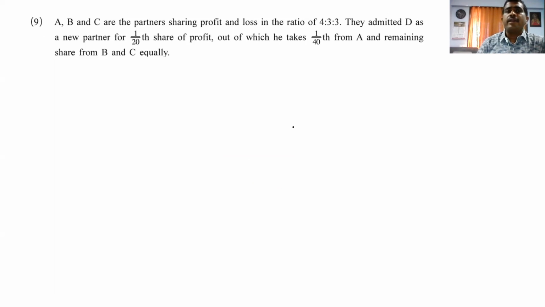They admitted D as a new partner for 1/20 share of the profit, out of which he takes 1/40 from A and the remaining share from B and C equally. So let's see how to do this particular sum.